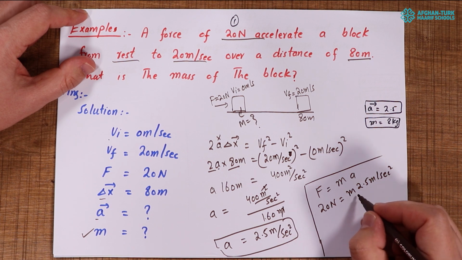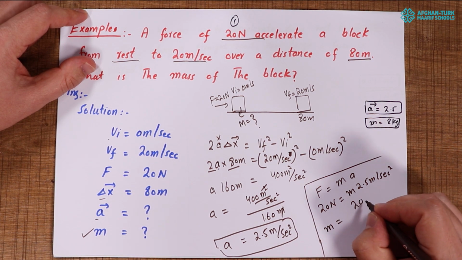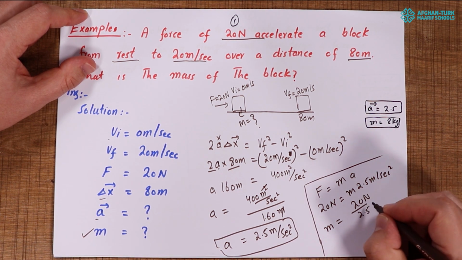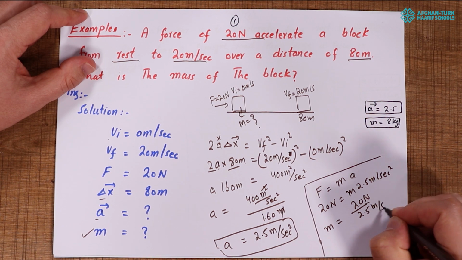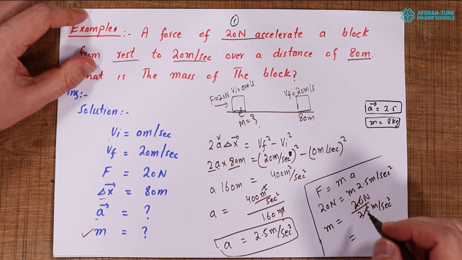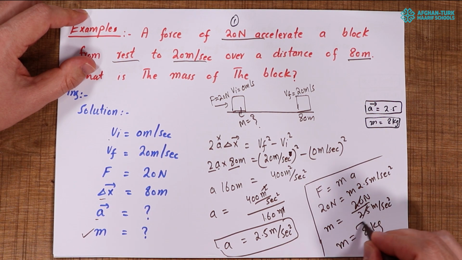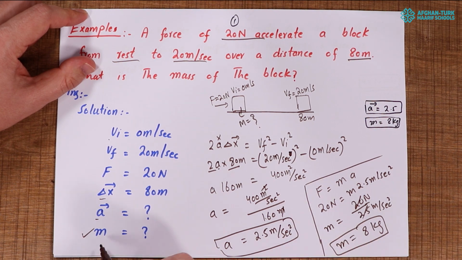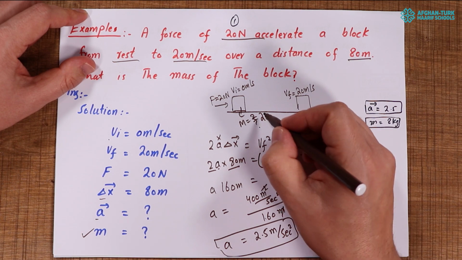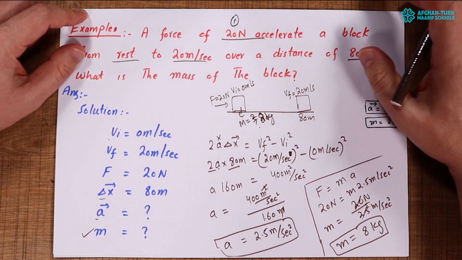So if I want to find the mass, this will be equal to 20 Newton divided by 2.5 meter per second square. So cancel this, and this is equal to 8 kg. This is the unknown mass, meaning the mass will be equal to 8 kg. So this is example number 1.